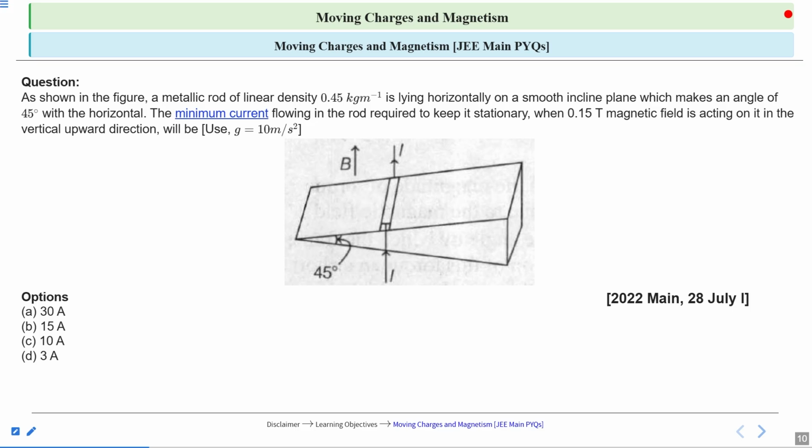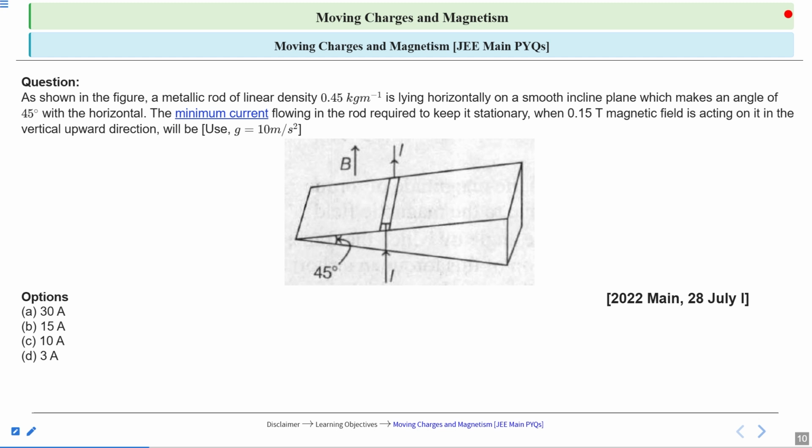So we have to find the minimum current which will flow through the rod and keep it stationary on the inclined plane. The magnetic field is vertically upward, which is exactly 90 degrees to the base, not to the inclined plane. Use g equal to 10 meter per second square, and a diagram is also shown.